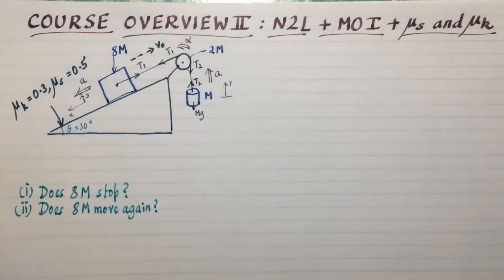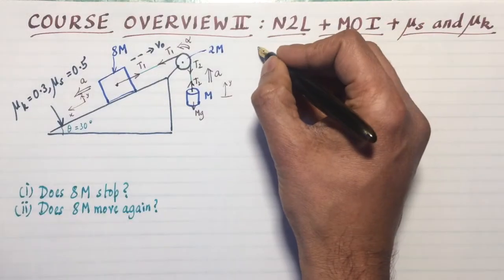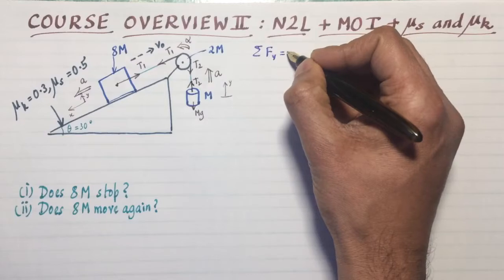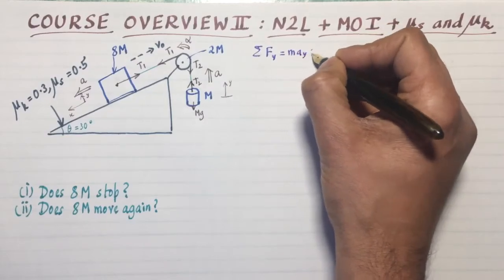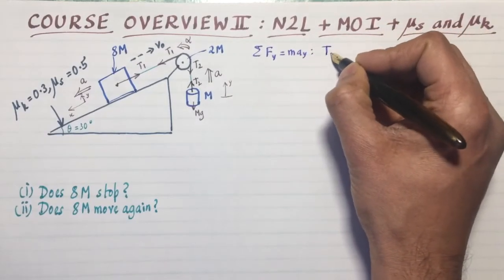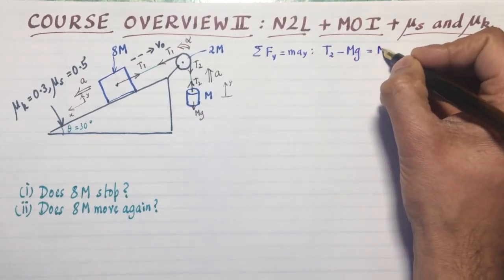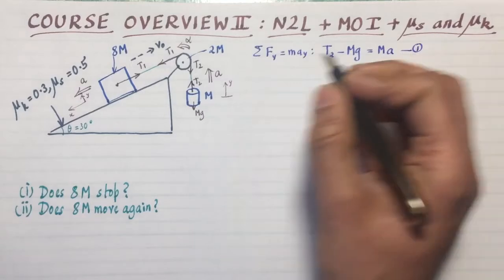We can write Newton's second law for translation and rotation next. Sum of all the forces in the y direction equals mass times acceleration. For the cylindrical mass, I'm going to get T2 minus mg equals ma. Let me call that the first equation.